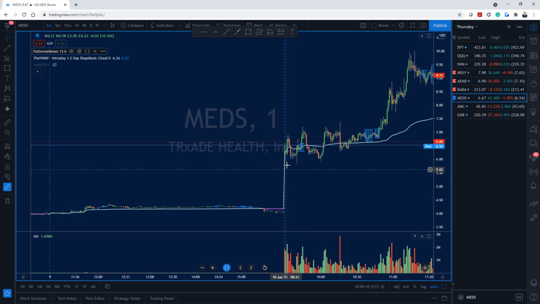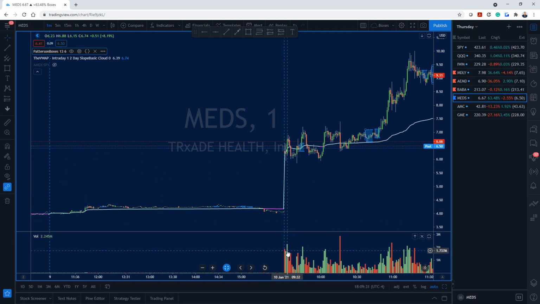So you've got a large volume move, and then you get the volume dry up. What you're basically doing in a trade like this, and this is a little bit too early, we're only 15 minutes into the day, is leaning against these high volume buyers. Does that make sense?